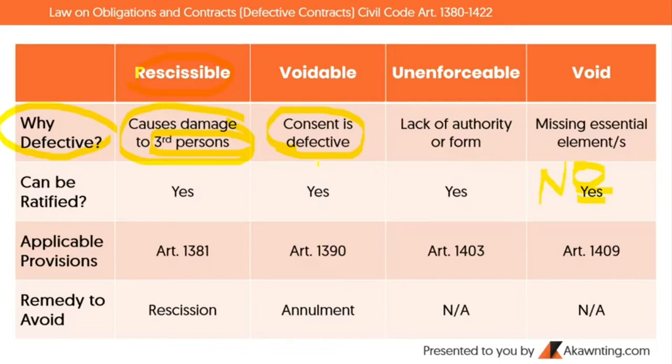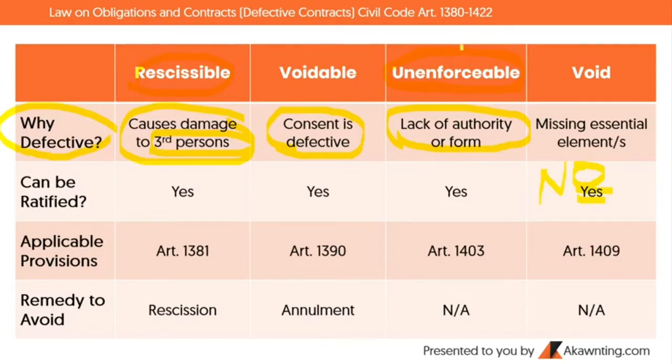Next naman, why is an unenforceable contract defective? Because it lacks authority or the necessary form. Napag-aralan natin last time dun sa forms of contract na there are certain contracts that require certain forms to be enforceable, di ba? So, meron tatlong reasons kung bakit ang mga contracts natin ay nasa isang certain form: for validity, for enforceability, di ba?